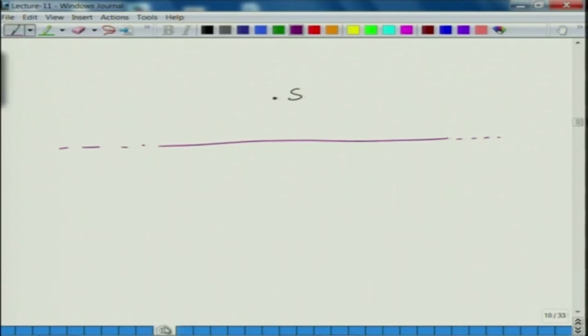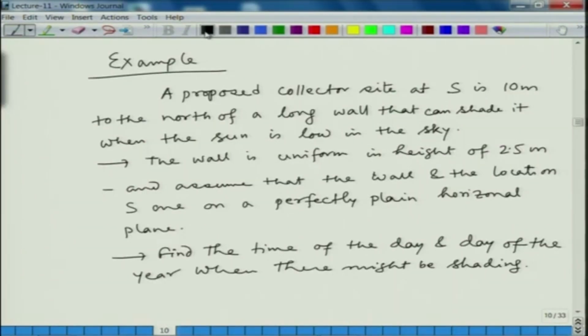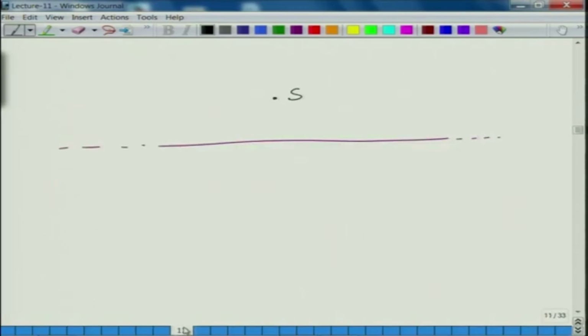Another thing we should mention in the problem statement itself: the wall is stretched along the east west direction, okay. So, first north and south we have to locate, okay.